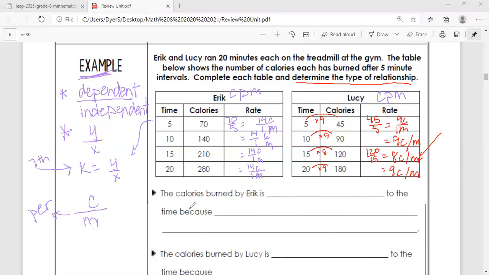All right, so we can say the calories burned by Eric is proportional. Let's write that down. To, okay, let's stop right here for 1 second before I finish that sentence. It says calories to time.